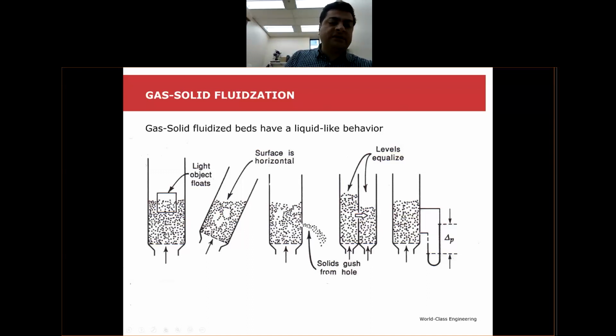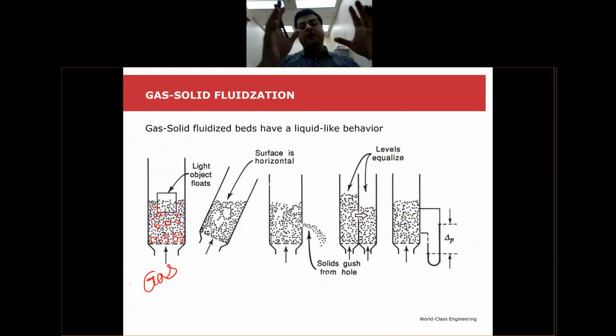So consider, for example, this kind of column. At the bottom you have a gas distributor, and you put solid particles on top of the gas distributor. Then you inject your gas from the bottom of the distributor, and the gas makes some jets, and then the jets are converted to bubbles, and these bubbles apply drag force to the particles, and then all the solid powders move around in the bed like a fluid.